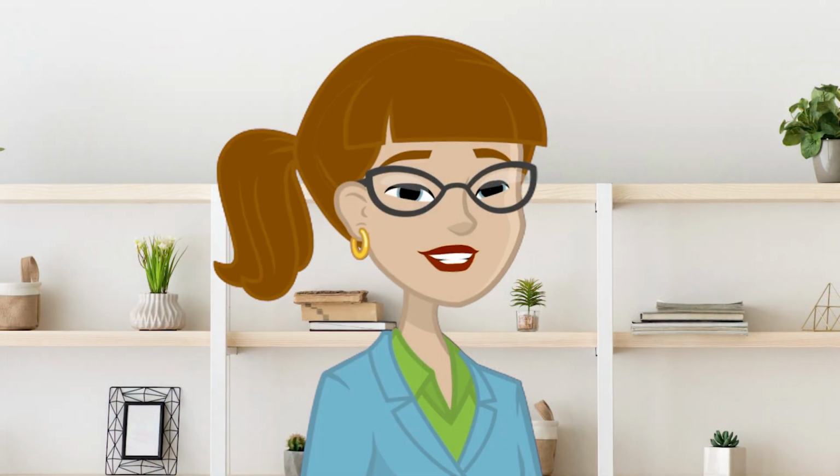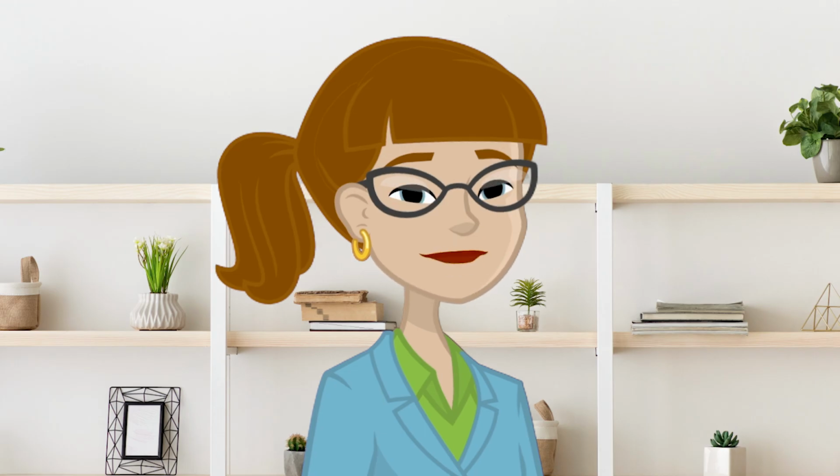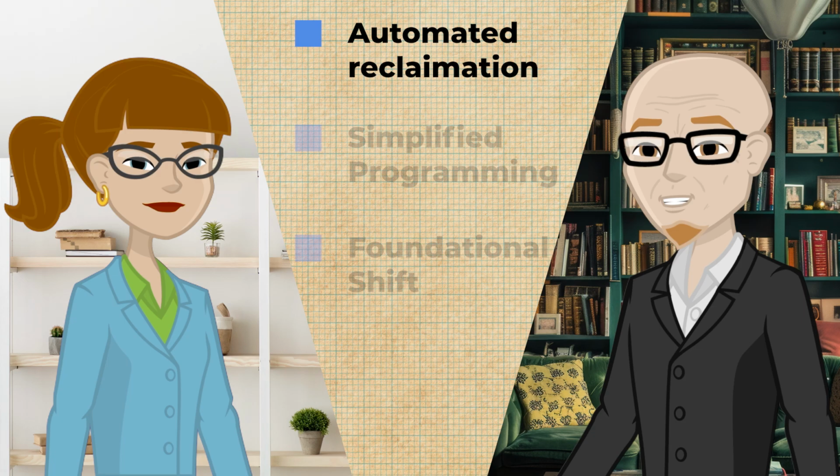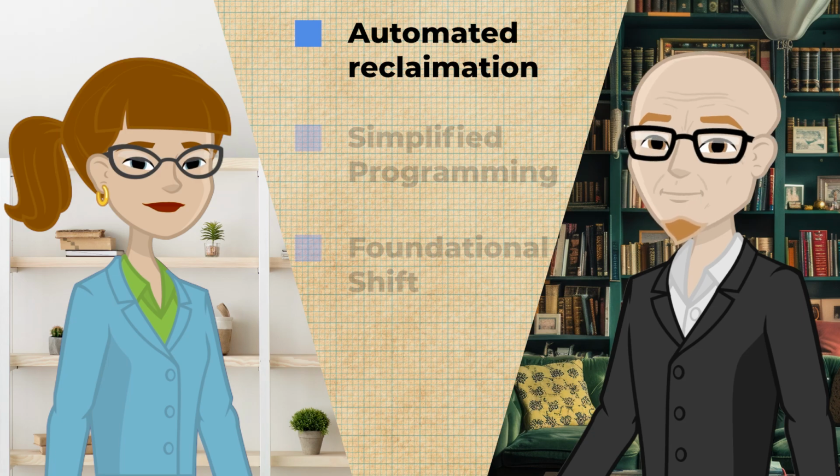So McCarthy didn't just solve a technical problem. He laid the groundwork for the sort of high-level programming we take for granted now. How did GC fundamentally change the game? It automated all that drudgery. Garbage collection is all about automatically reclaiming memory from objects that are, and this is key, no longer referenced by the program. Finding the trash. In essence, yeah. It identifies and disposes of the garbage that's accumulated in memory.